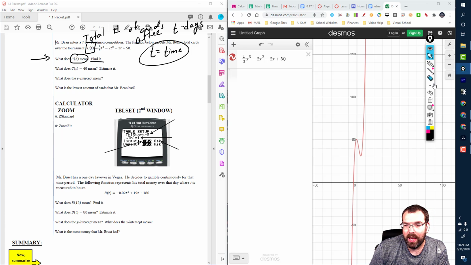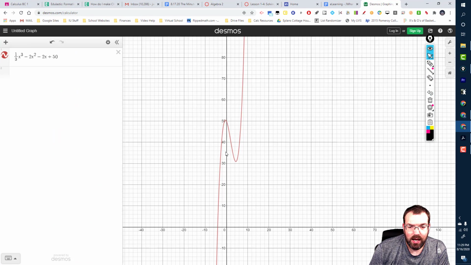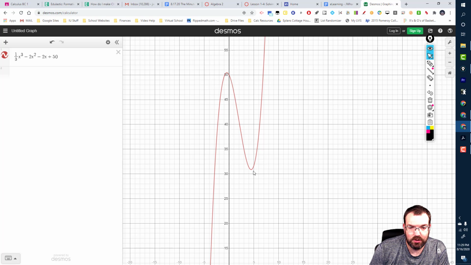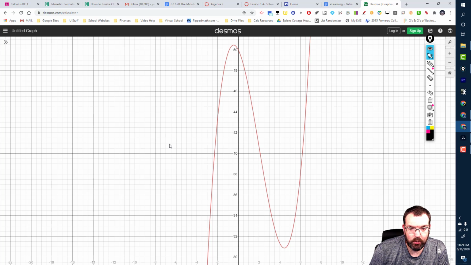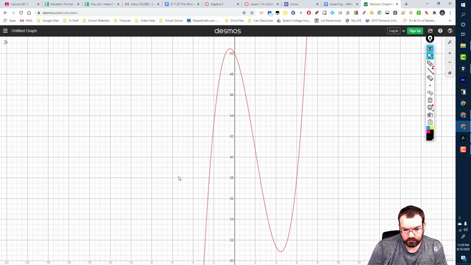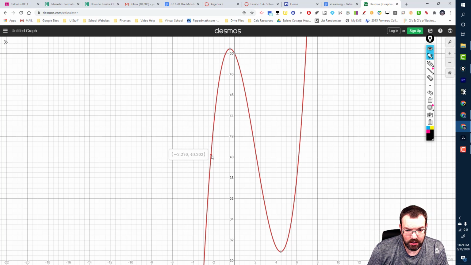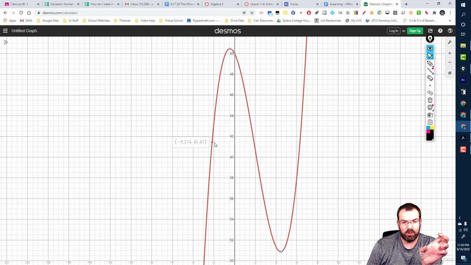Well, now I'm going to go back to my trusty graph. I'm going to zoom in a little bit to get this a little better in my window. Now, here's what's cool. If you click on the graph with your finger or with your mouse, a box will appear with 2 numbers. And the numbers are x comma y.